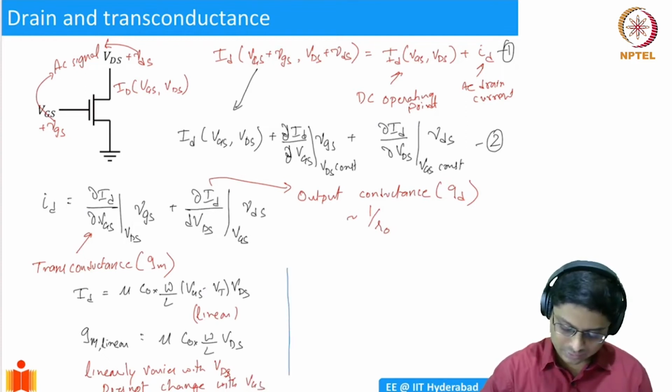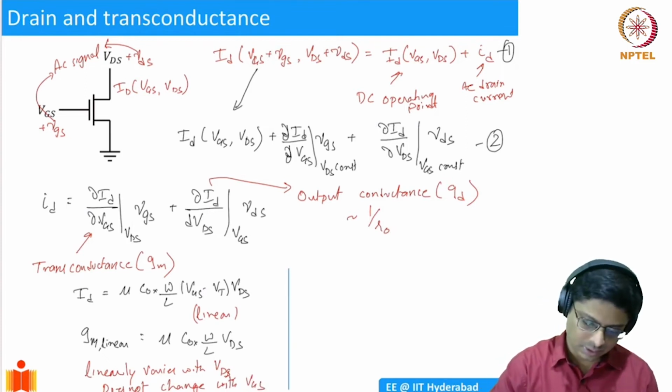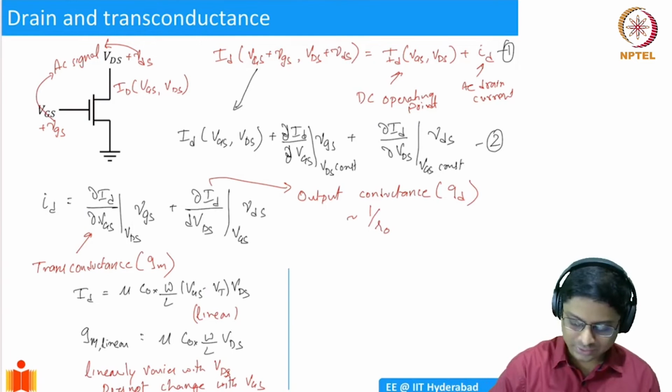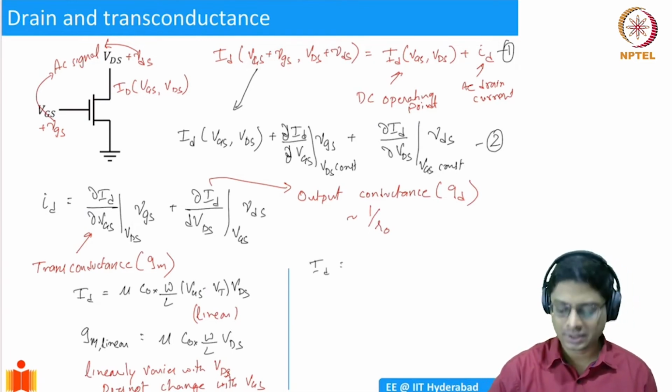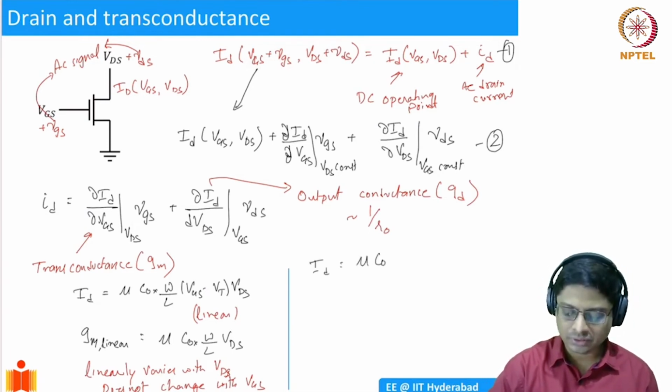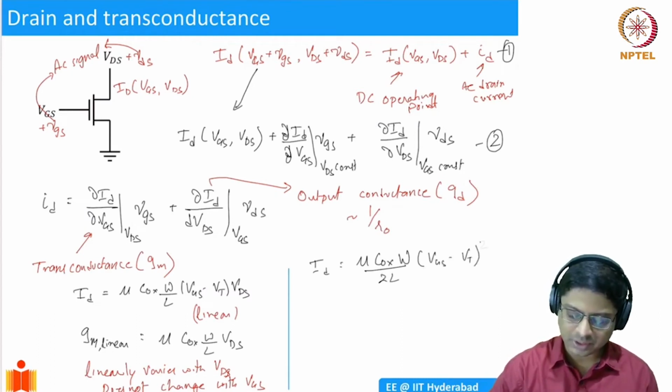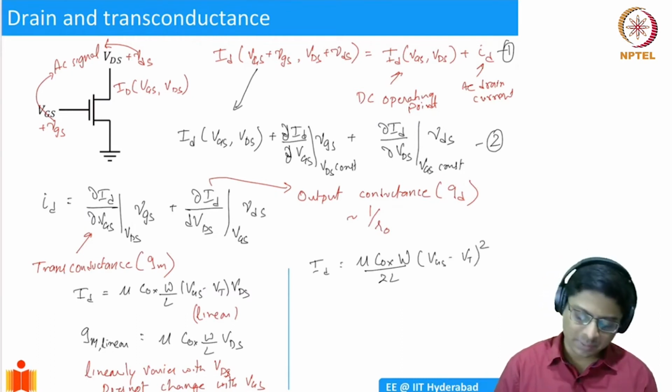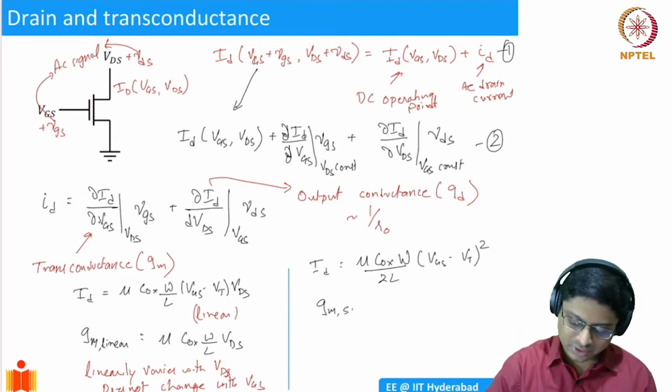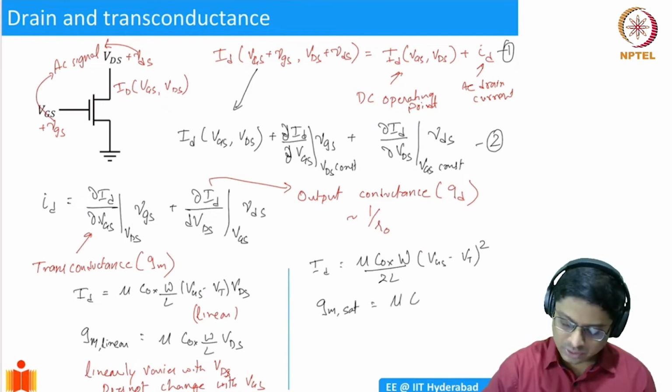You could also have the saturation transconductance. ID in the saturation regime is going to be mu Cox W by 2L times VGS minus VT whole square. Remember, there's a half. So what happens now to transconductance? GM in the saturation regime, the 2 will cancel out, so you get mu Cox W by L into VGS minus VT.